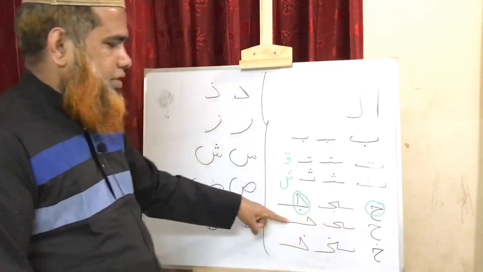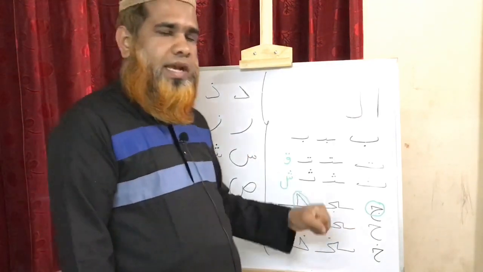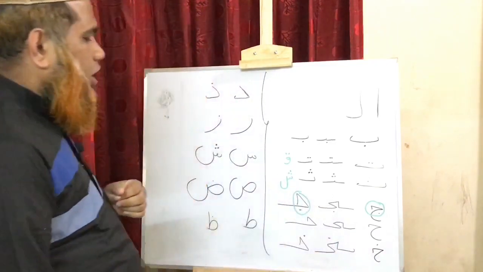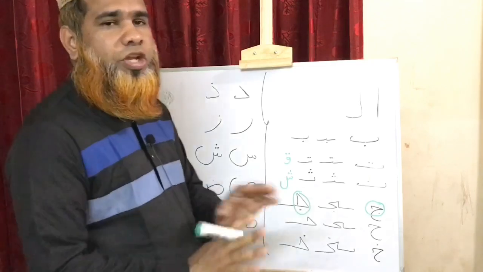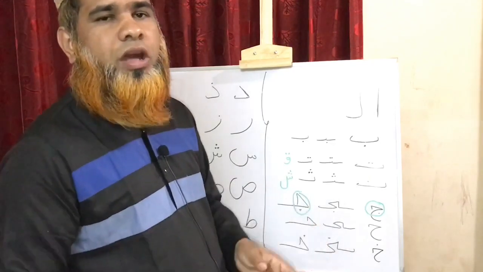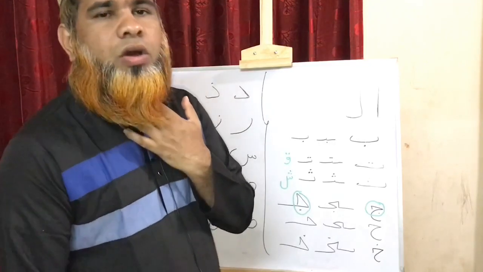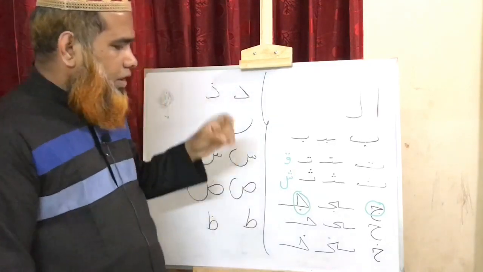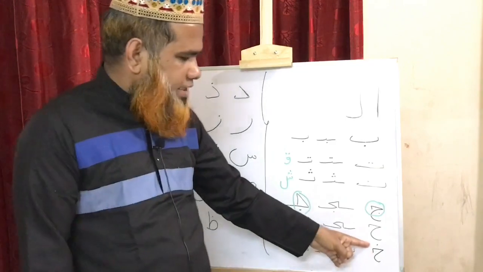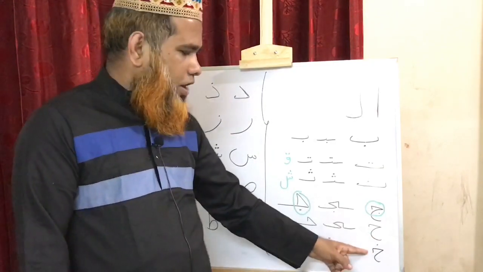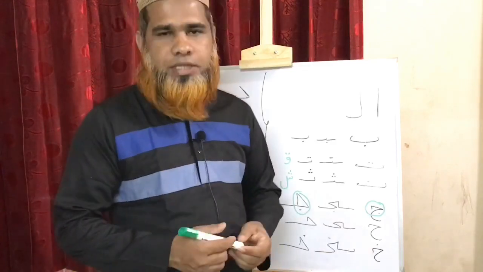No dots. Let's move on to the next letter. That is kha. In English, we don't have this sound. Kha, kha. So it's again quite similar to jim and ha, but the difference is the dot.